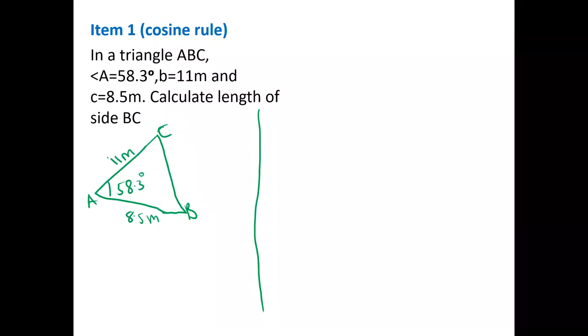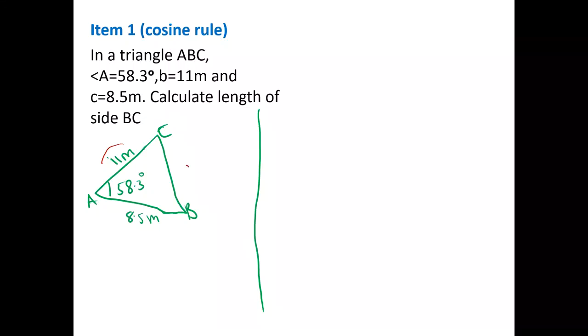So now when you see this, you can see that we have two sides, side AC and side AB, with an angle between them. The moment you see that, you have to use the cosine rule.